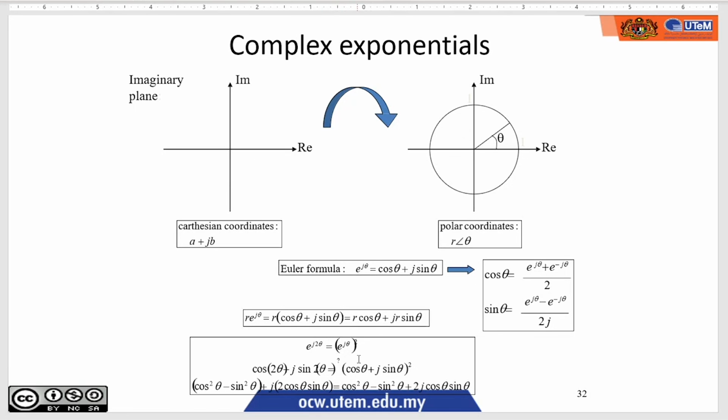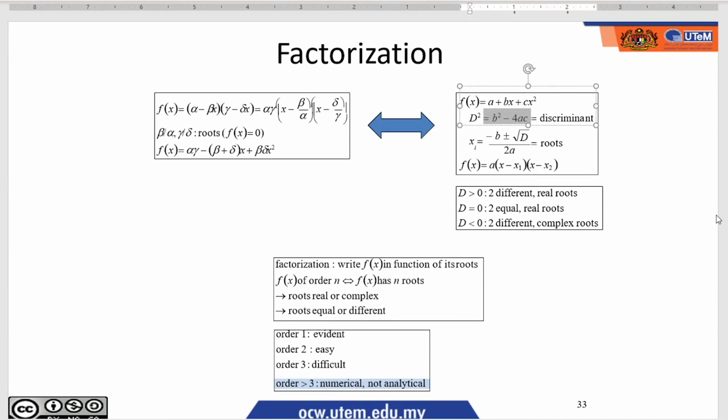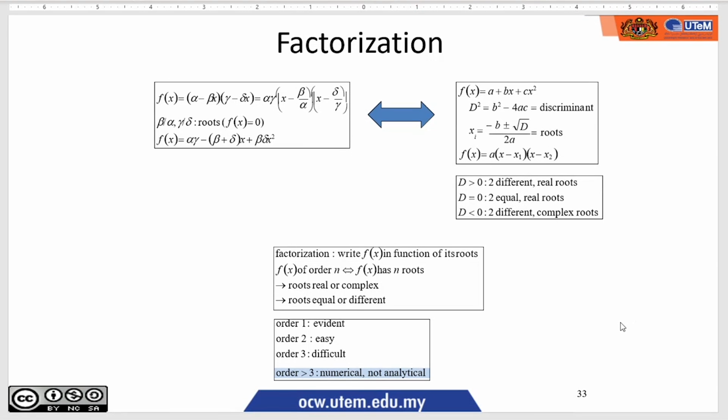So be careful about this. And factorization, this is the common one, I guess. Minus b plus or minus square root of b squared minus 4ac is the thing that has been covered before. I guess this is a basic thing in our mind, hopefully.